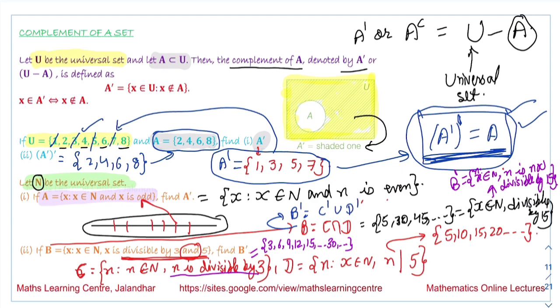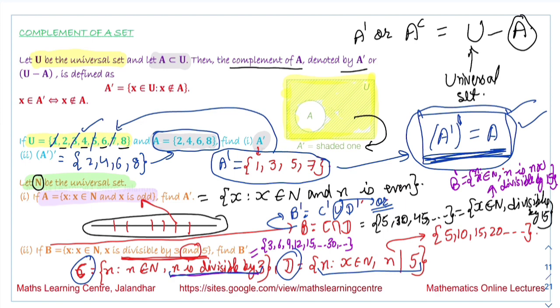So the complement of these two sets is x is not divisible by 3, x is not divisible by 5. These are the complements of the sets C and D, and we put OR in between these two statements and we will get the answer. So both these answers are correct. It is up to you how you want to solve this problem.